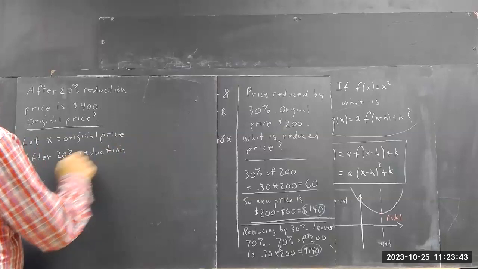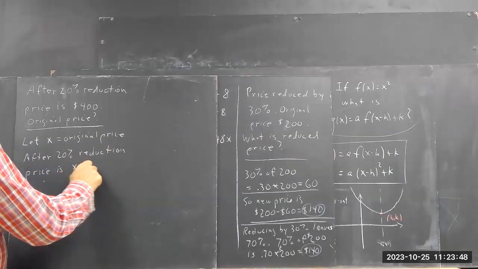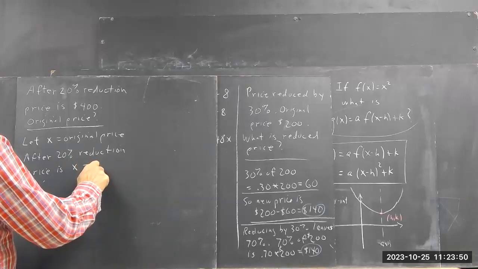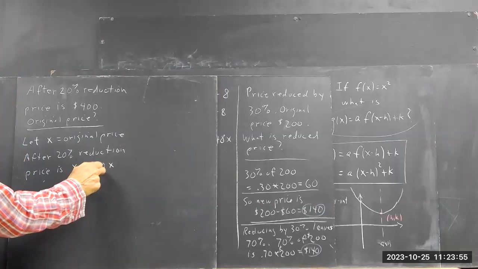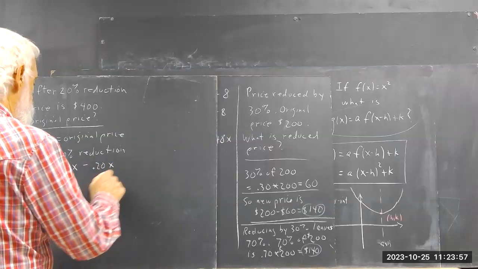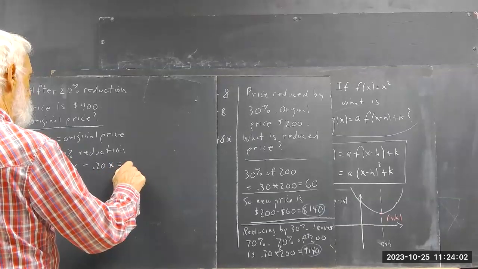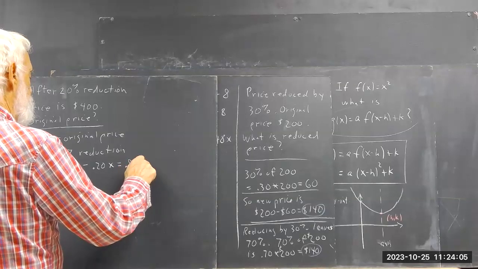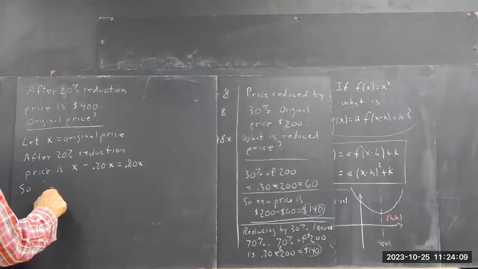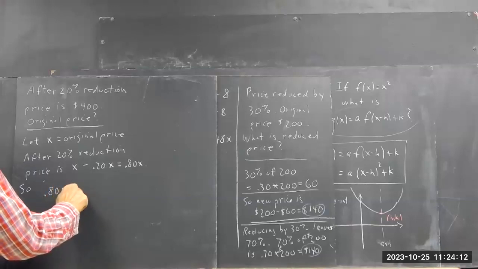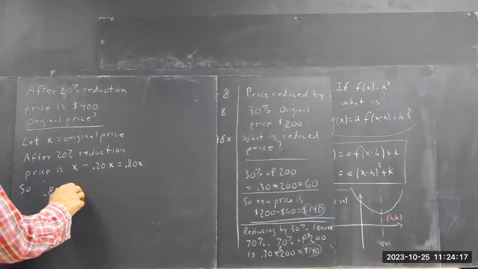After 20% reduction, your price is X minus 20% of X, and 20% of X is 0.20X. And that equals 0.80X. 0.80X is our price after reduction, which is $400.